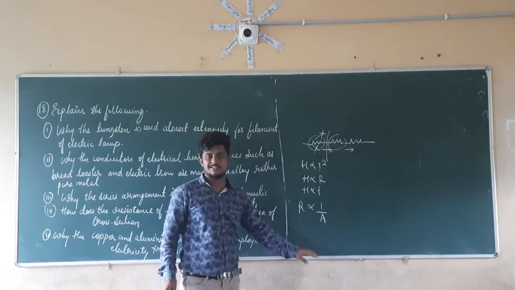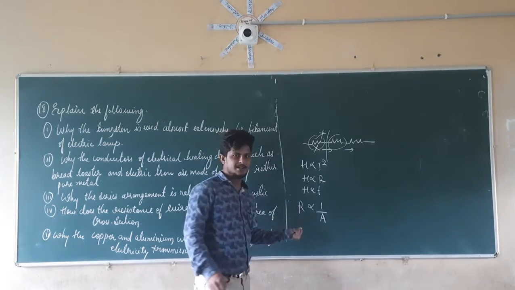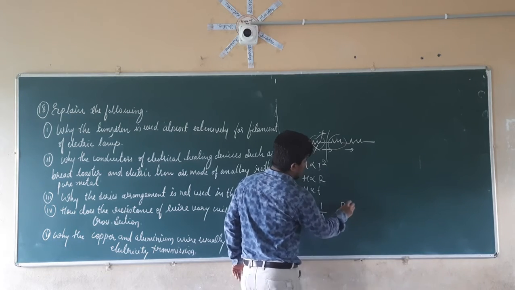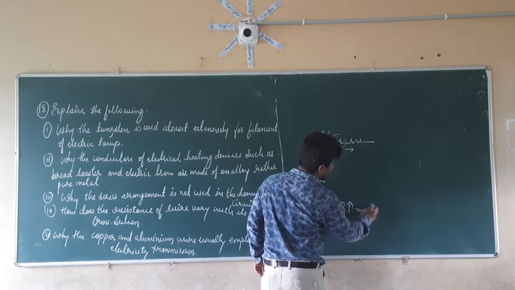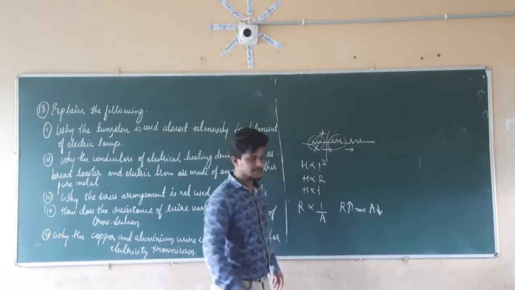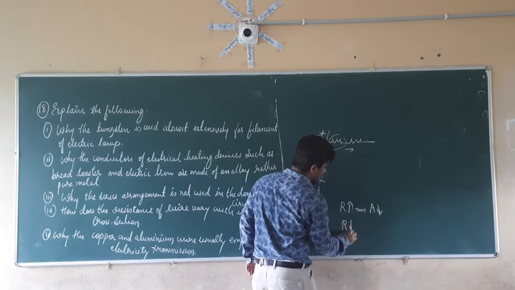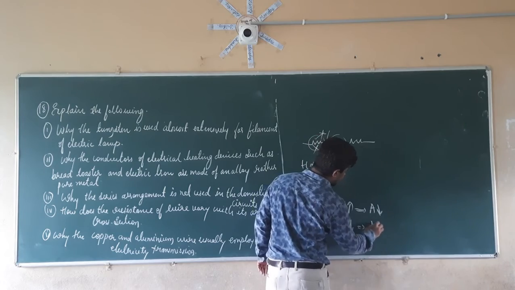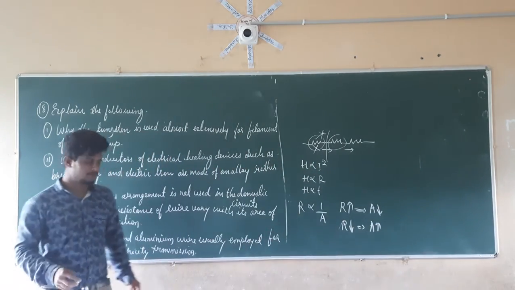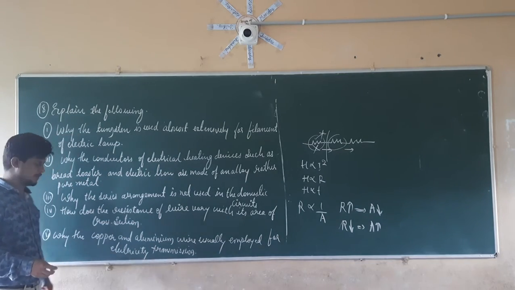As the area of cross section increases, the resistance of the conductor decreases. When the area of cross section decreases, the resistance of the conductor increases. Right? So that is the answer for question number 4.